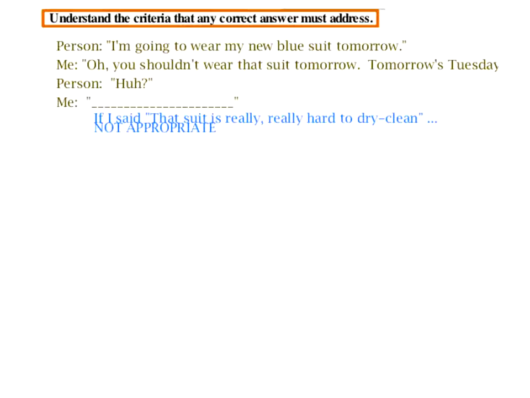You would have criteria automatically in mind, which would be, it has to be relevant to your blue suit, to not wearing it, and it also has to be relevant to Tuesday. This is absolutely not genius and should not seem like genius to anybody in this room.